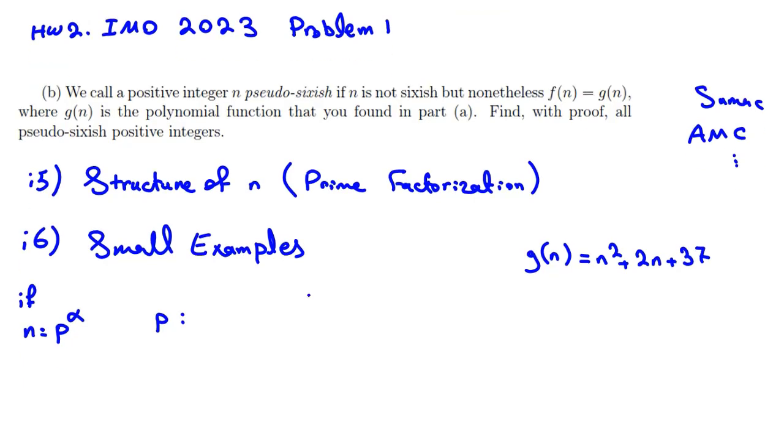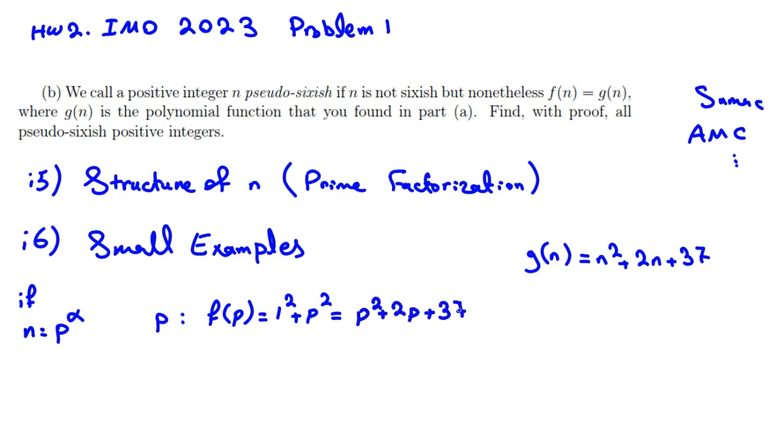Now we want to see if it is equal or not. So for a prime number, f of p is what? The sum of squares of divisors: 1 squared plus p squared. Is it equal to p squared plus 2p plus 37?